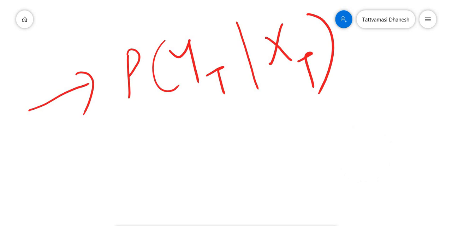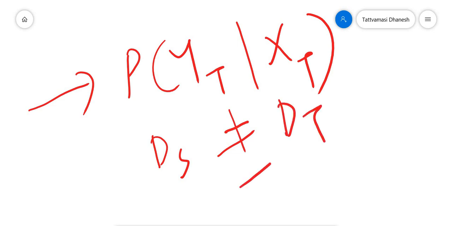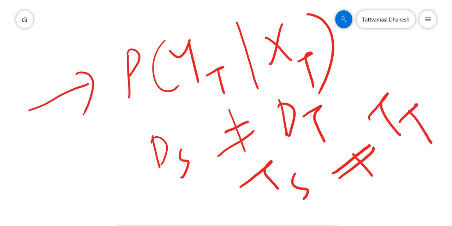here Ds is not equal to Dt and Ts is not equal to Tt. So this is the ideal definition for transfer learning. You have a source domain Ds and source task Ts, and target domain Dt and target task Tt.